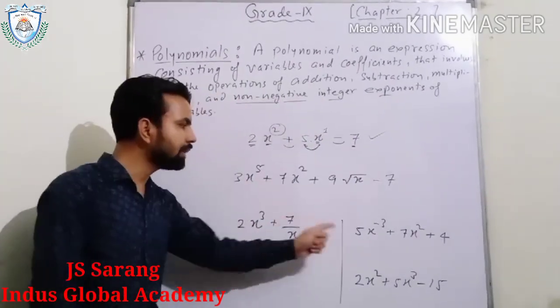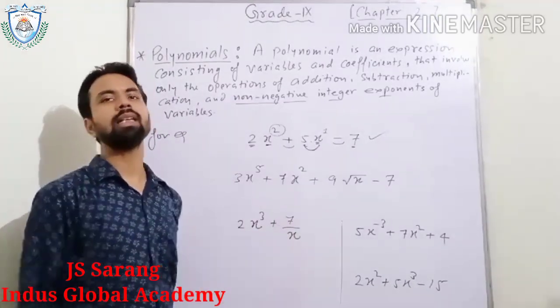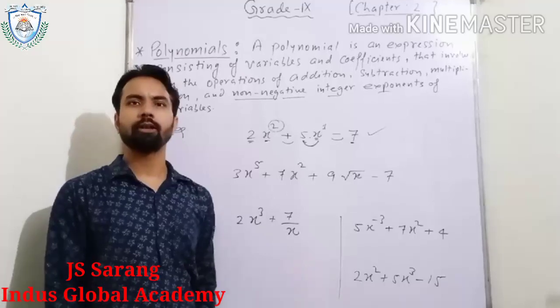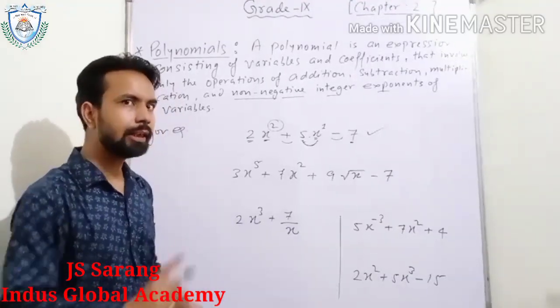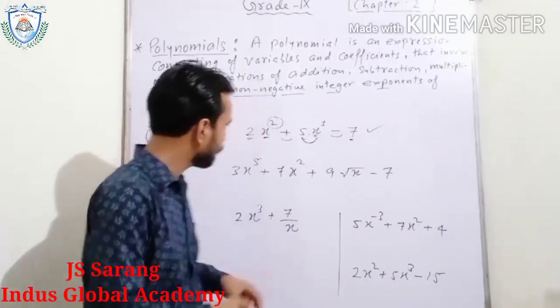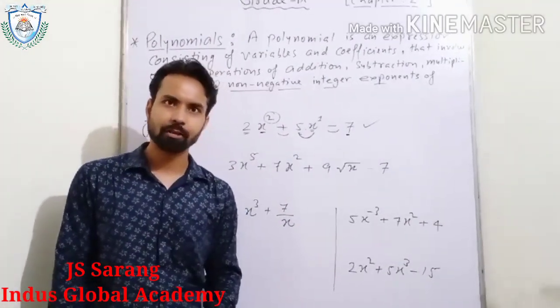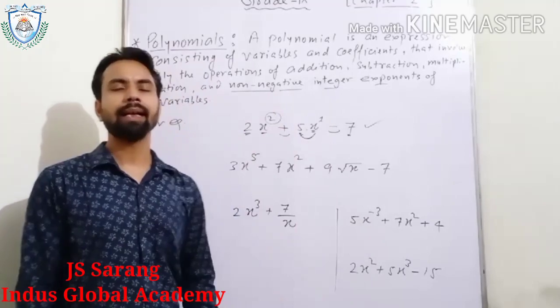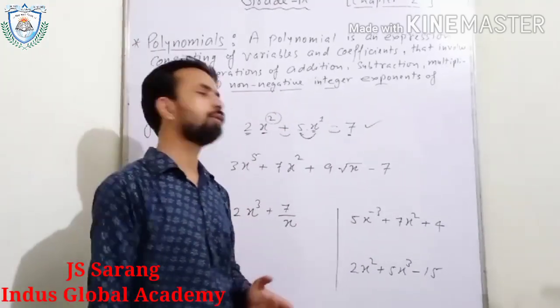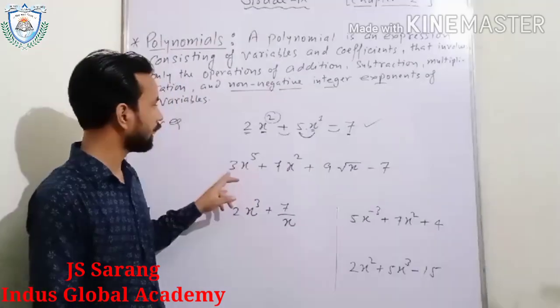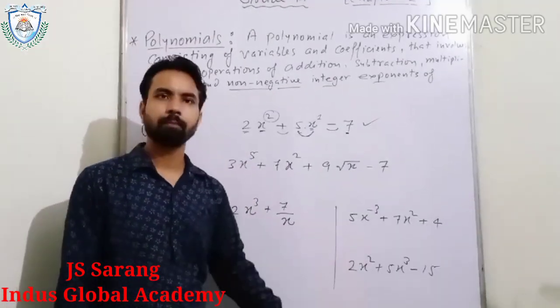So out of these four examples, we have to identify which is a polynomial and which is not. So the very first condition, it should be an algebraic expression. Here all these four examples are algebraic expressions. First condition is satisfied. Second, that it consists of variables and coefficients. All these examples consist of variables and coefficients.